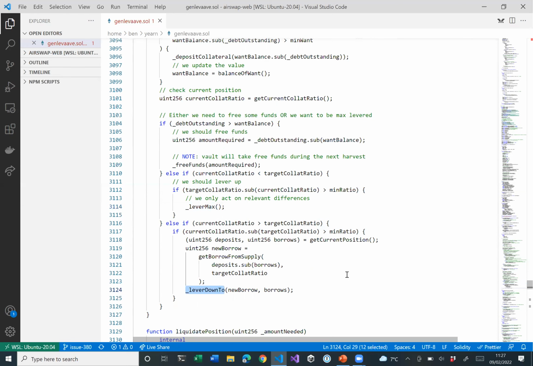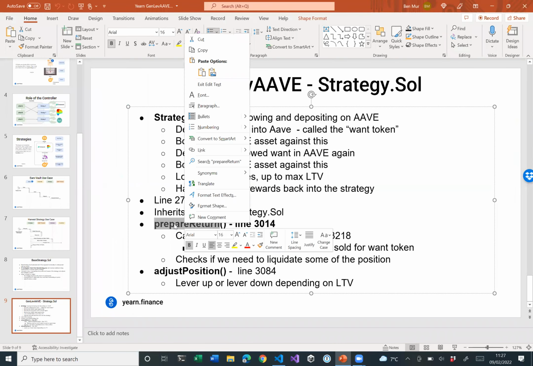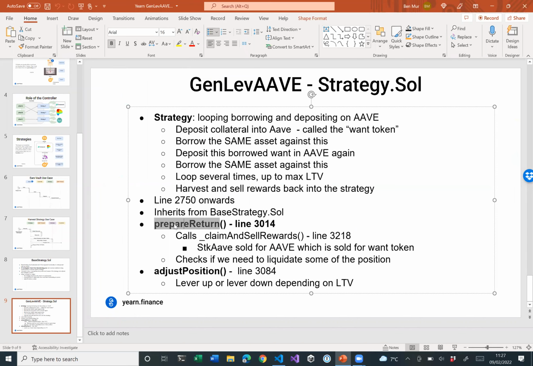So the first function here, prepare returns, is claiming your rewards and swapping them back out into the want token. And this second function, adjust position, is making sure you're within the target LTV collateralization ratios, and then levering up or levering down based on that.